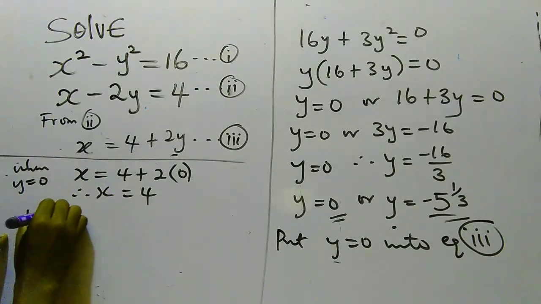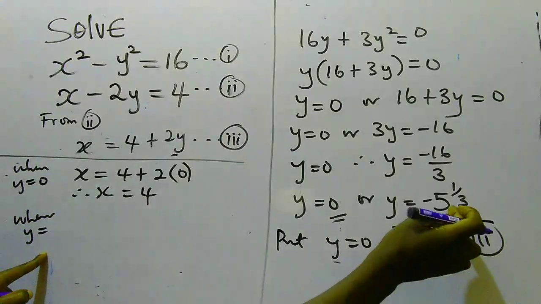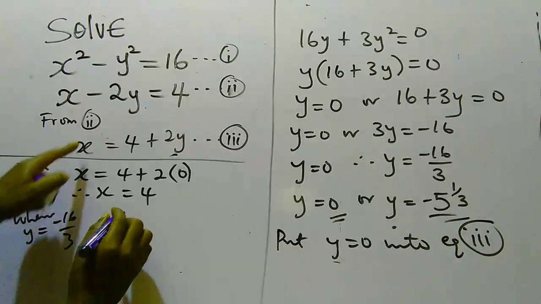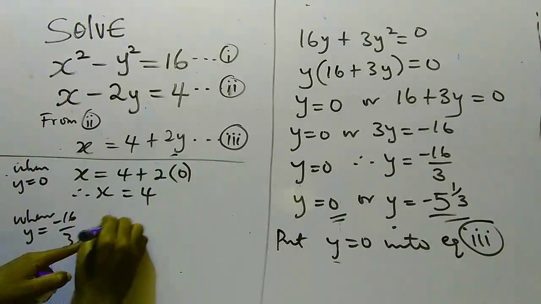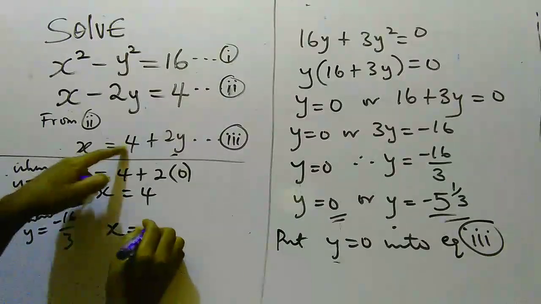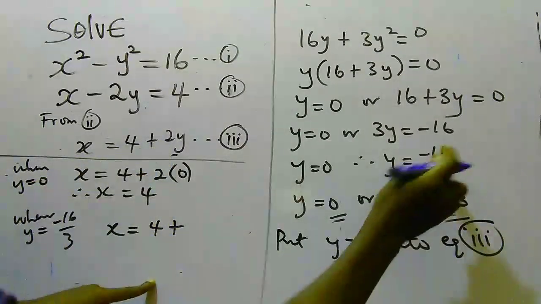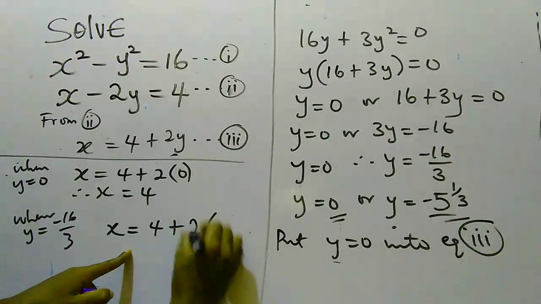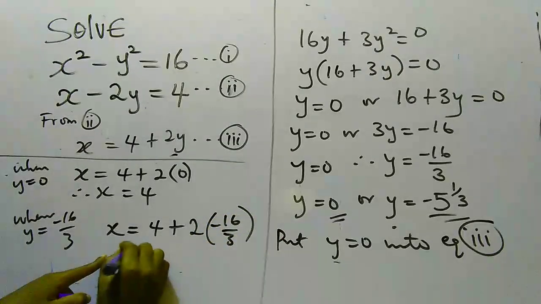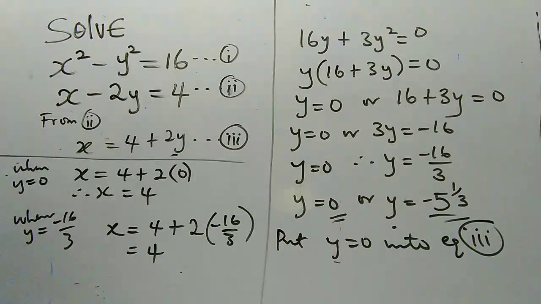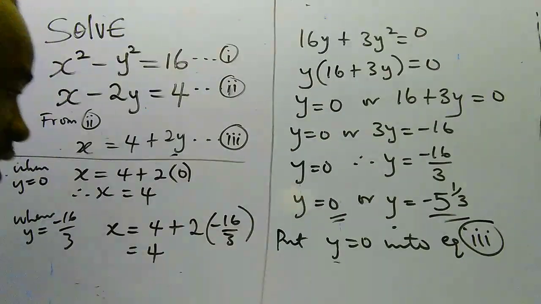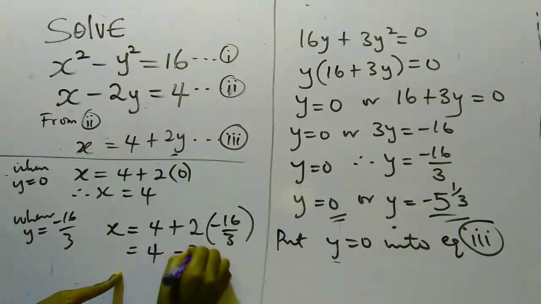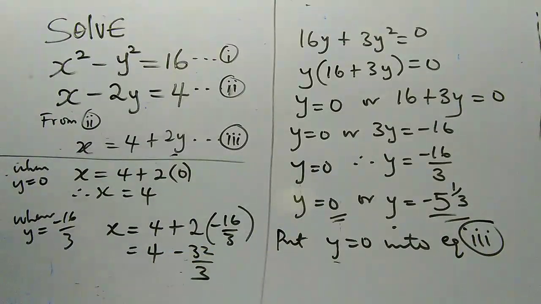Now let me take the other one, y equal to minus 16 over 3. This equation 3 will become x equal to 4 plus 2 bracket minus 16 over 3, and that gives me 4 minus 32 over 3.